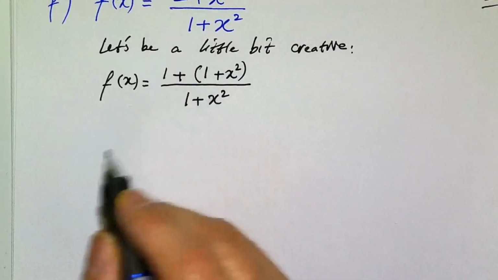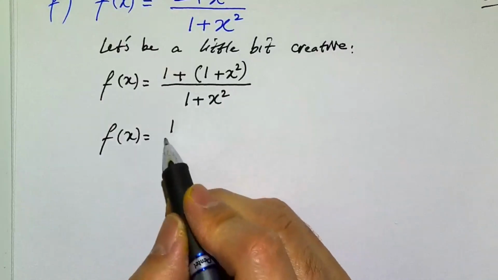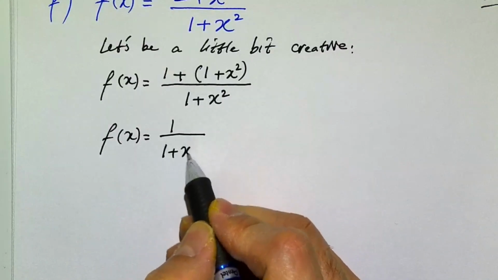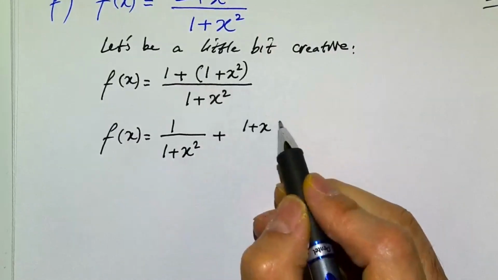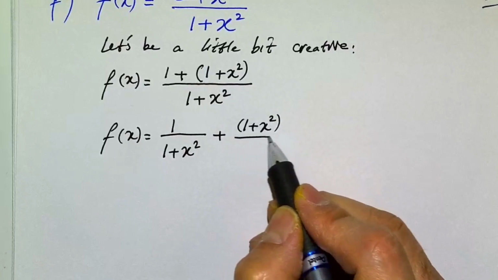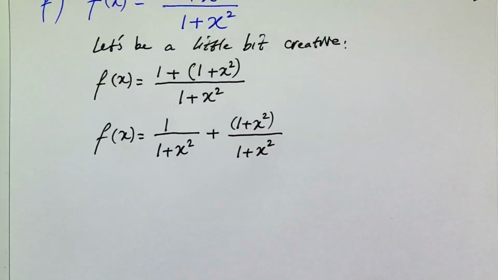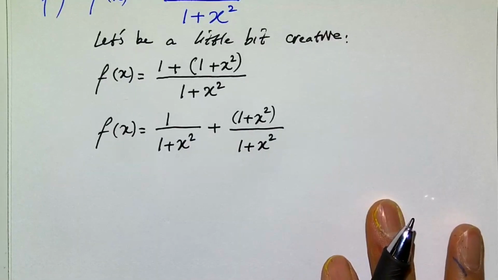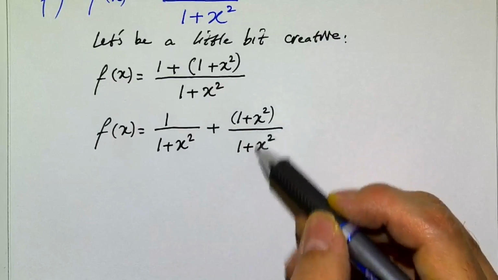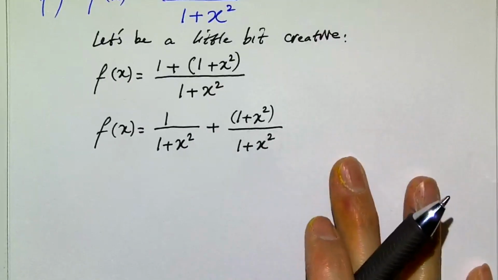Okay? So that's basically the thinking behind what I'm doing here. So now let's separate this into 1 over 1 plus x squared plus 1 plus x squared, what you see in the parentheses, divided by 1 plus x squared. Now, look at this. We can simplify. This is just 1, right?